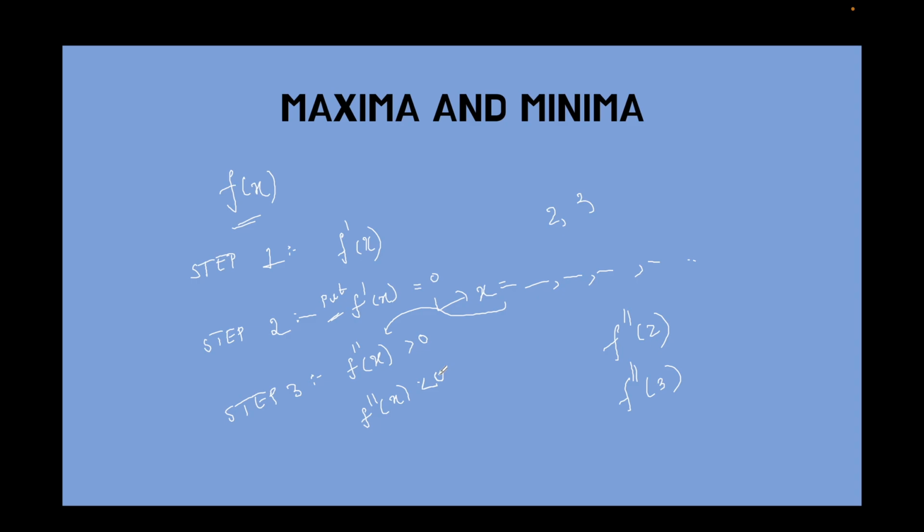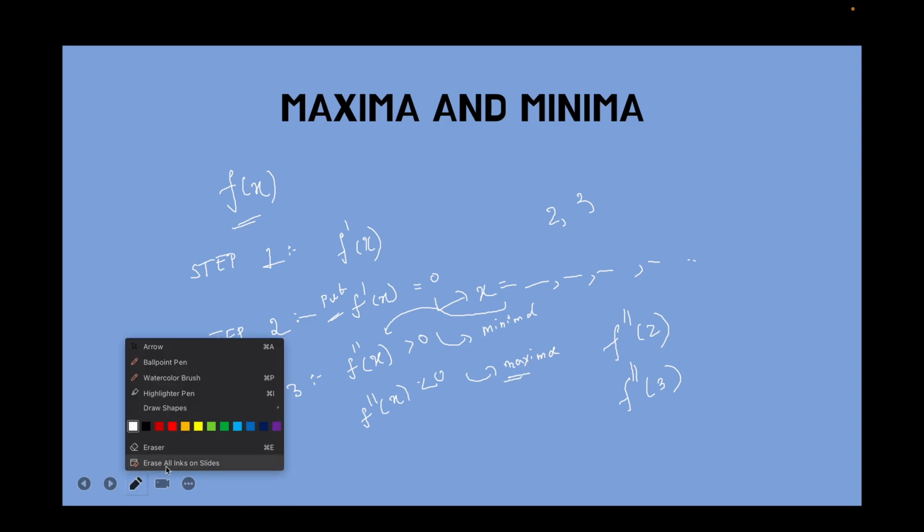Equal to 0, we will not discuss. If f double dash of x is greater than 0, what does it mean? Minima. At that point, minima occurs. Lesser than 0, which means maxima. Clear? I'll write it neatly.